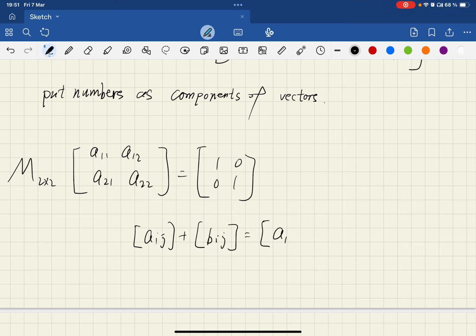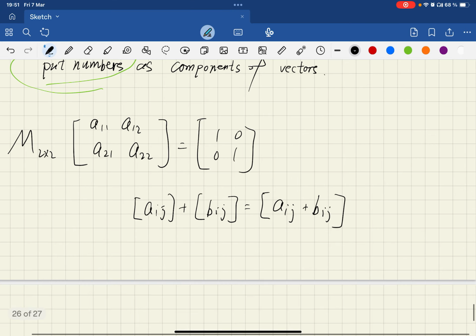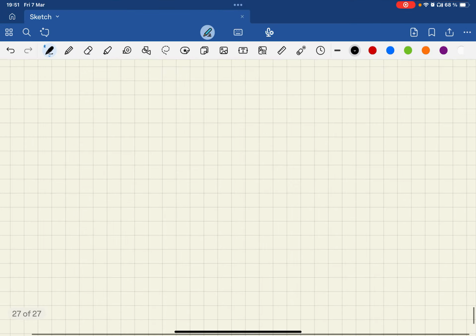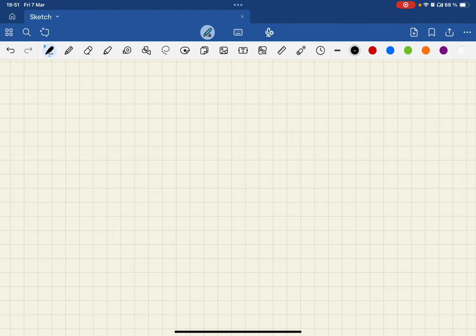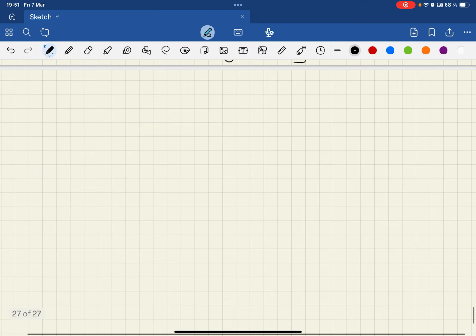It seems intuitive that since matrices are putting numbers in them, their addition must satisfy the rules of the addition of numbers. Now, this is a matrix.